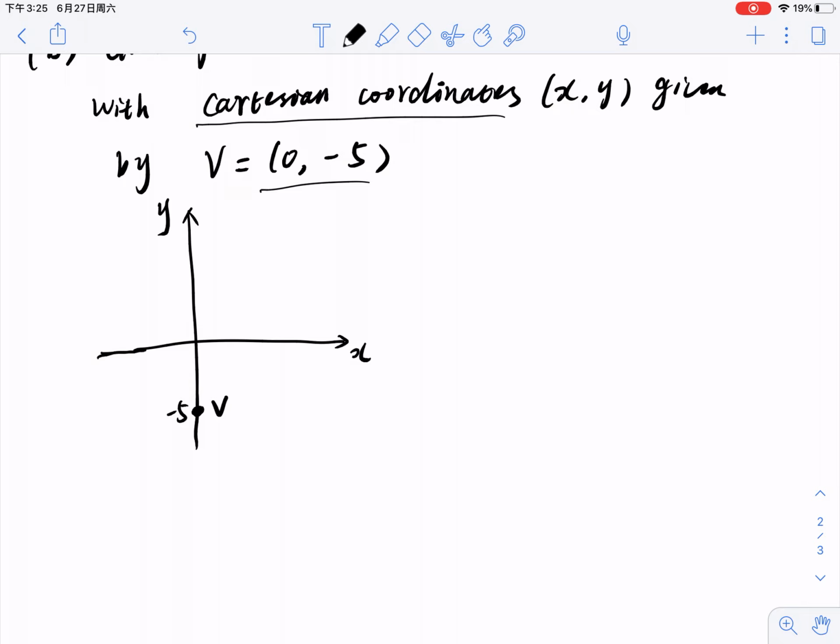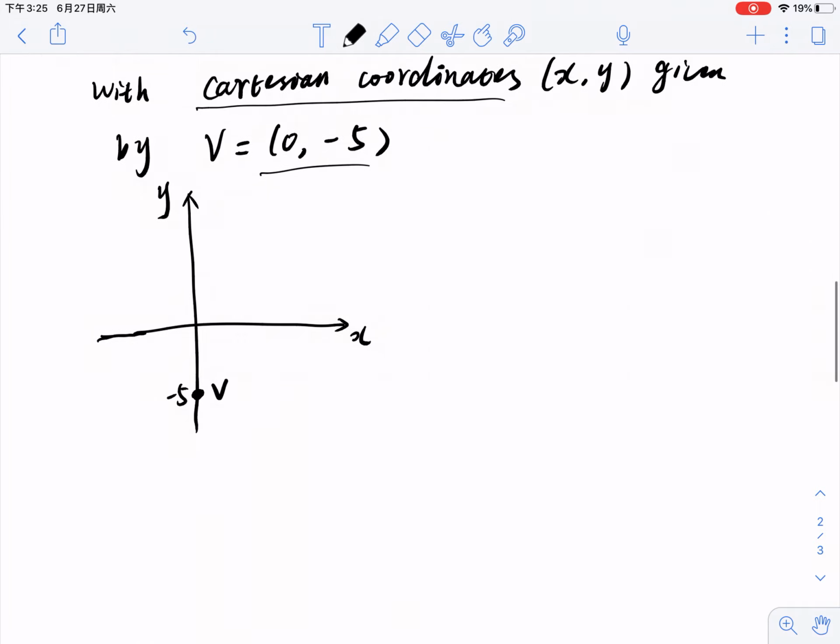So we can choose r is equal to 5. Theta, from here to here, is 3 pi over 2. Theta is 3 pi over 2 for its polar coordinates.